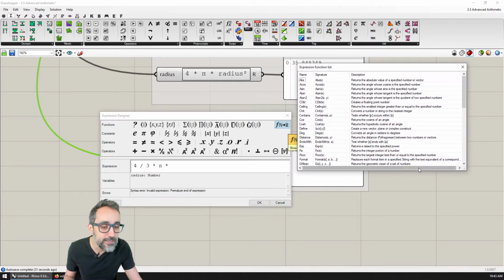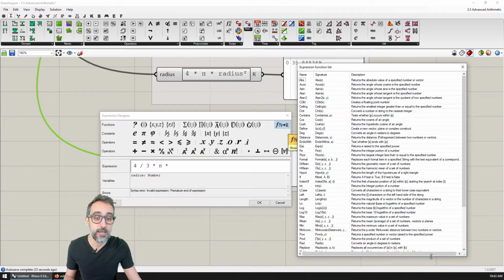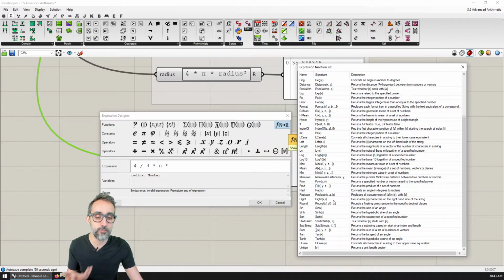So I'm not sure if you can see, I can't really zoom on this one, but what you can see is that more complex mathematical operations such as sines, cosines, square roots, absolute values, means, etc., all of those can be accessed by their literal expressions, like for example, cosine of x, sine of x, exponential of x, etc. So this is a really useful guide to more complex operations.